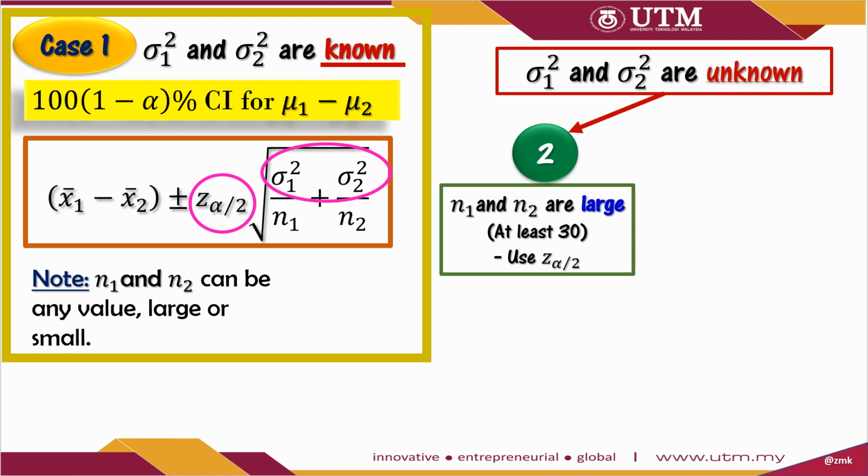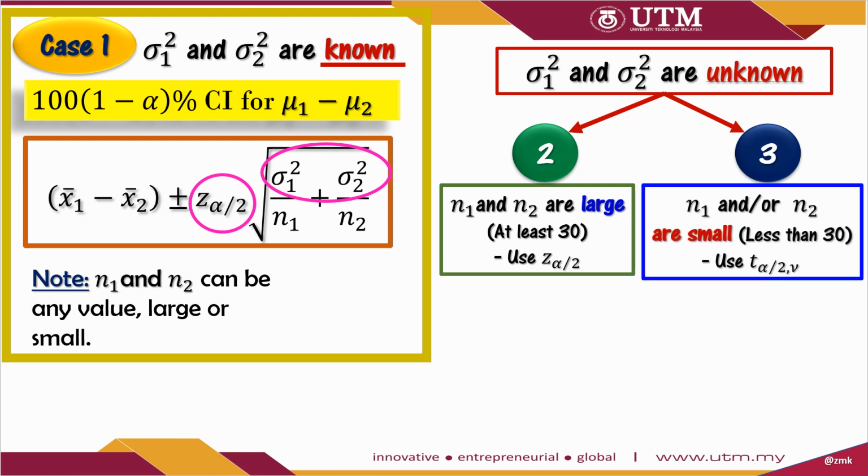However, for category 3, either the first sample size n1 or the second sample size n2 is small, or both of the sample sizes n1 and n2 are small, that is, being less than 30. Here we cannot use the Z alpha over 2 score anymore. Instead, we change Z alpha over 2 to a T alpha over 2 score with degrees of freedom nu.